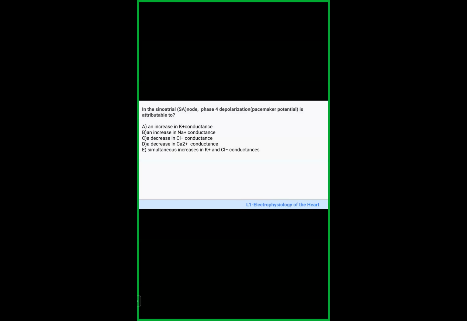So the first question is this. In the sinoatrial node, or the SA node, phase 4 depolarization, or the pacemaker potential, is attributable to... you guys can write the answer in the chat and tell me what you think is the answer.